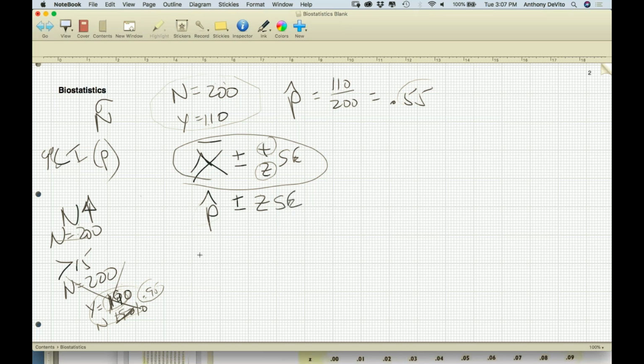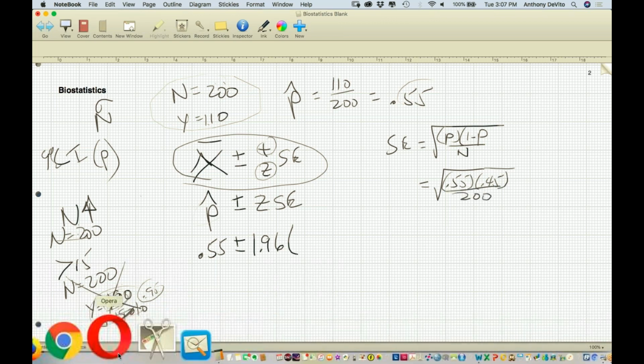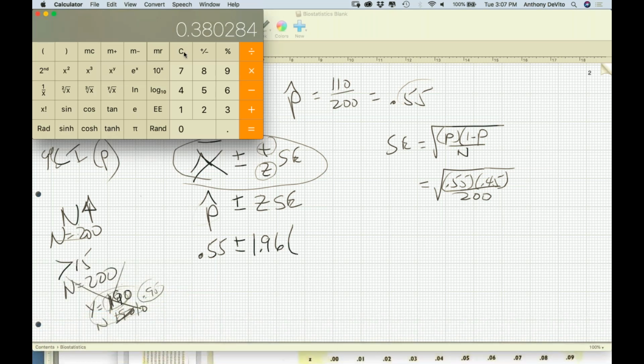Okay, so I'm going to start to fill this in. 0.55 plus or minus, I can use 1.96 here, times the standard error. Well, how do I calculate standard error for proportions again? Square root of p times 1 minus p over n. Let's see what that is. 0.55 times 0.45 over 200. Clear?